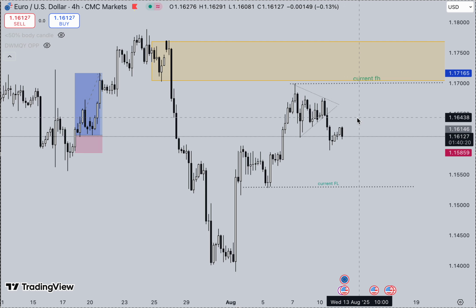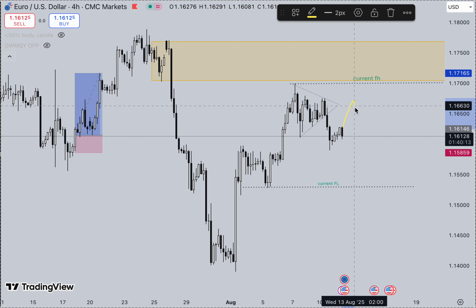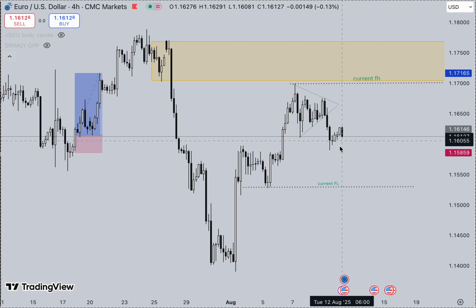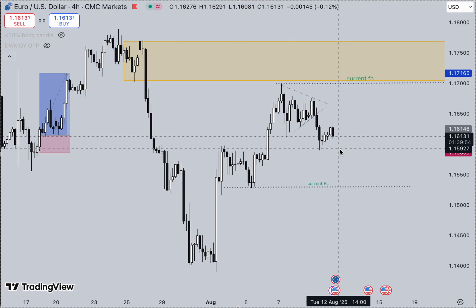Then what I was looking for, or what I still am looking for, is for price to trickle up, connect with the supply, and take out the liquidity resting above this symmetrical triangle. Perhaps we see a change of character, and then we can start looking for lower prices to take it to the downside, right?